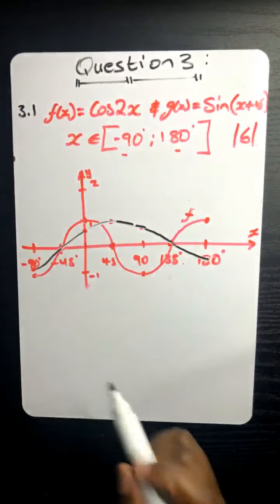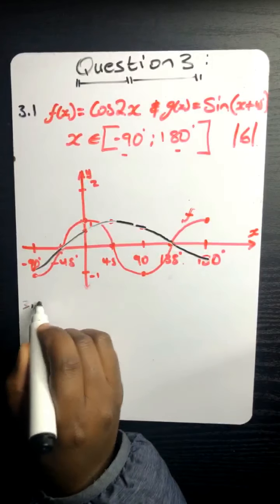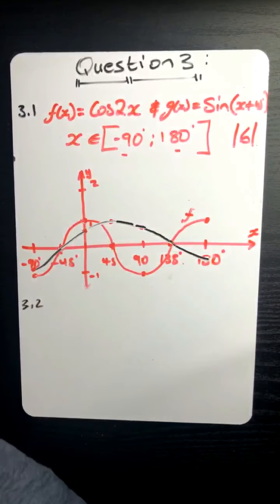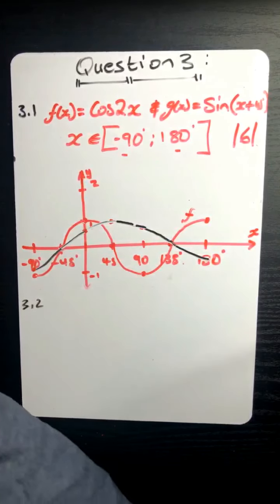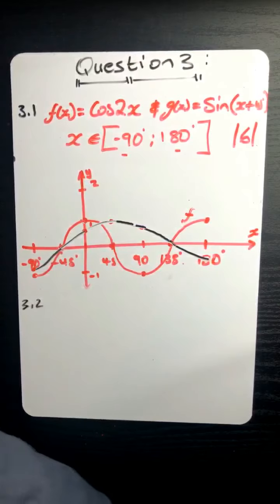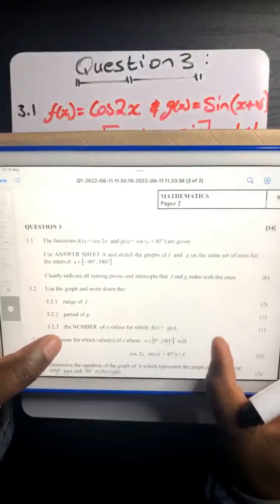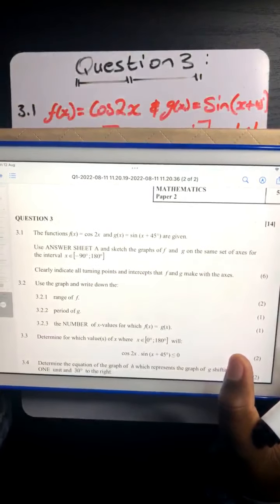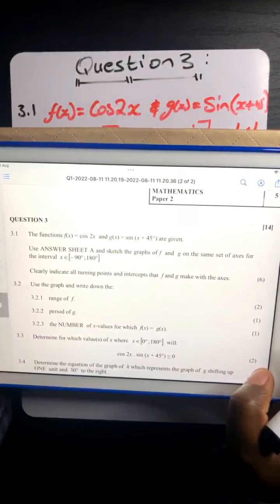Maybe move on to 3.2. Let's see what they are saying there. I'm not sure if you guys still have that question paper, but the question says, use the graph and write down the following.